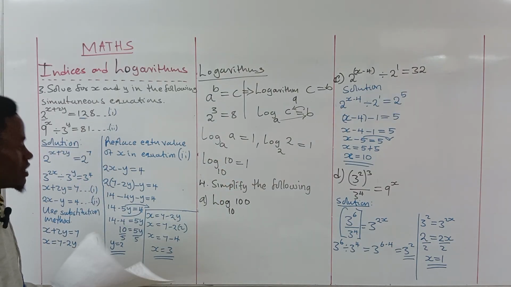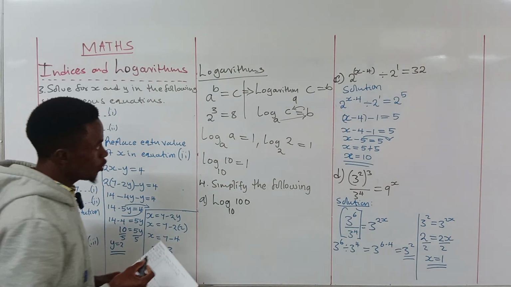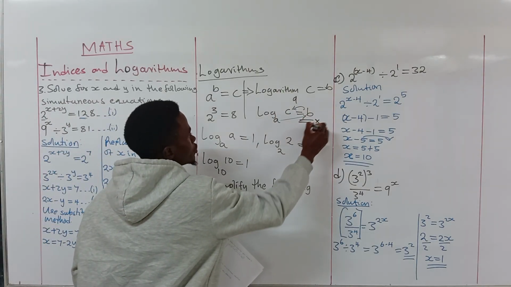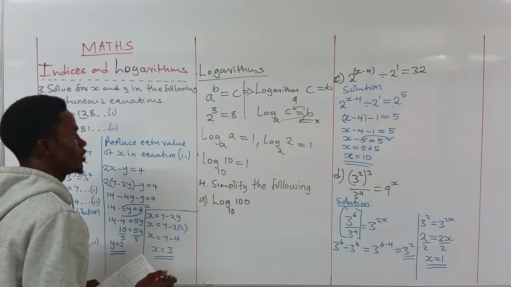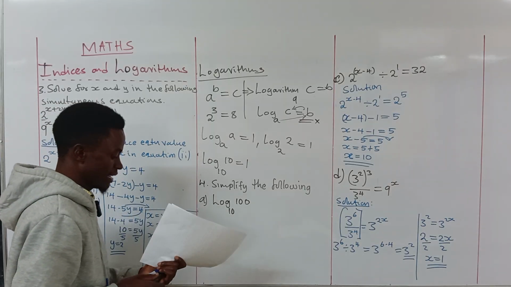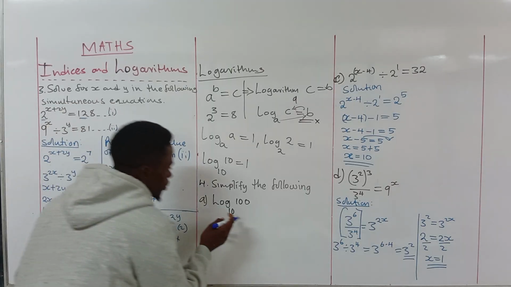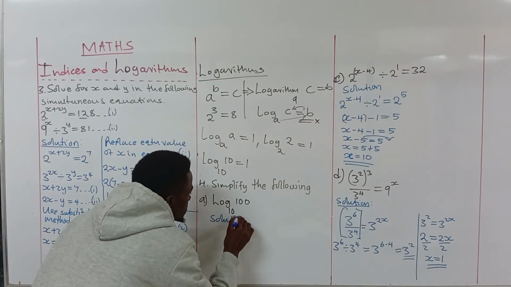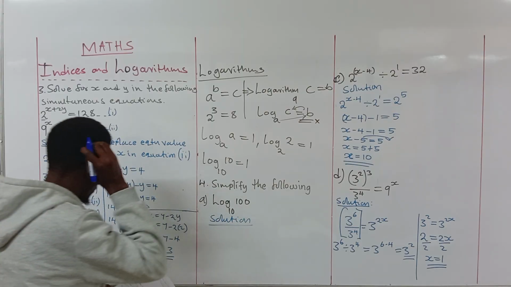So in this case, there is something that is missing. On our index, that is a logarithmic number, there is a number b that is going to be missing. So we are going to give it a letter x. Now we are going to have our solution in index form.